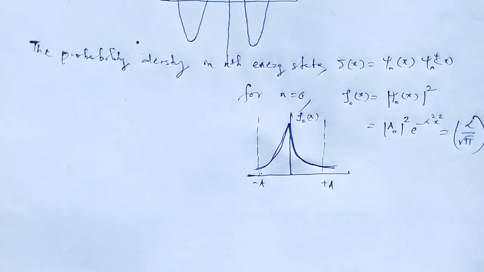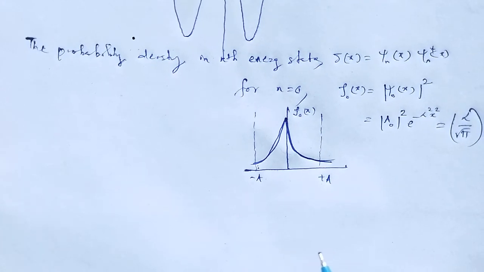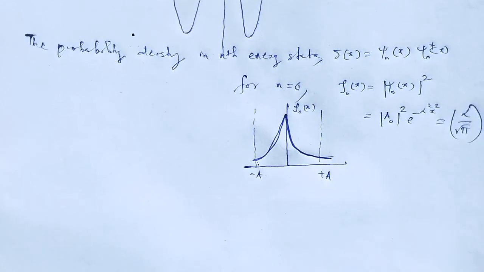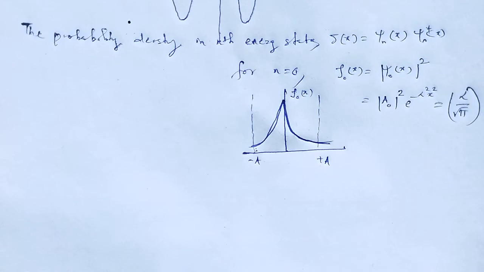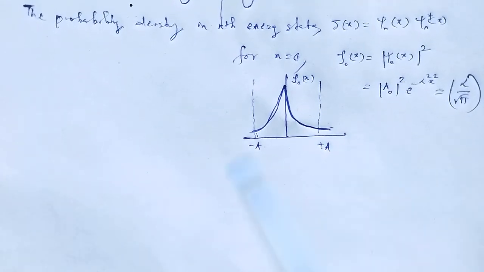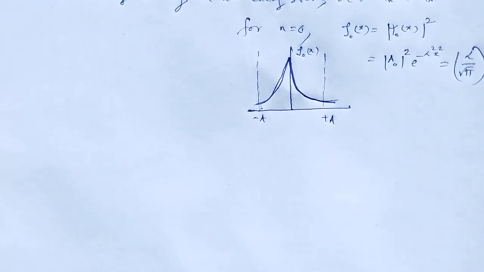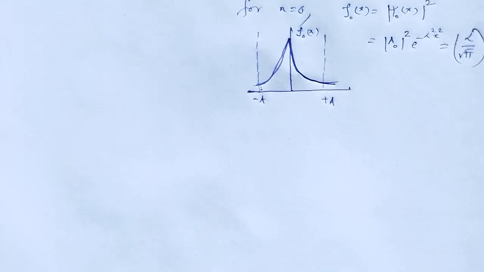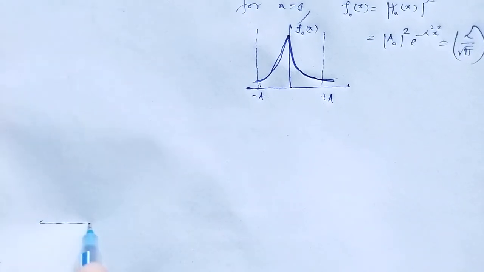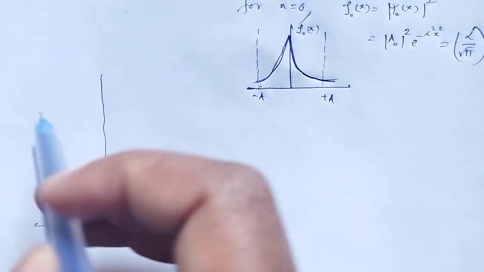Now the probability density graph. How to get the probability density? For the corresponding wave functions, we have to take the probability density. First we take the plot of the wave function in different states.